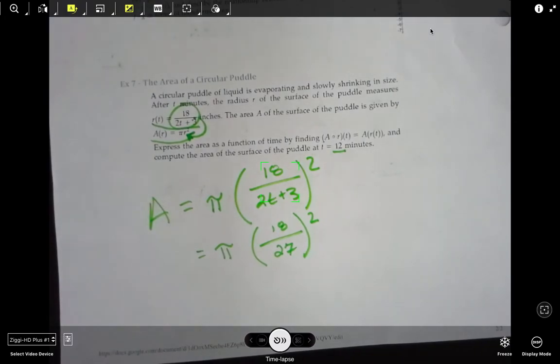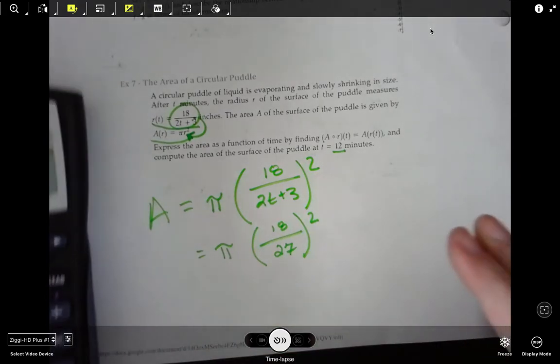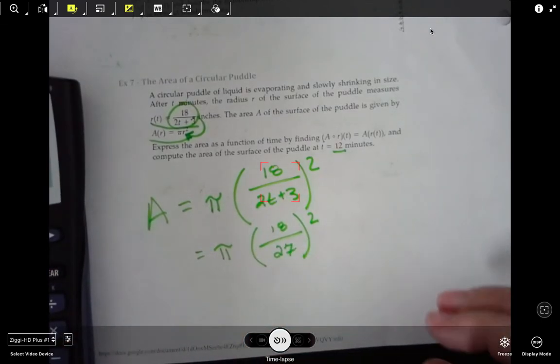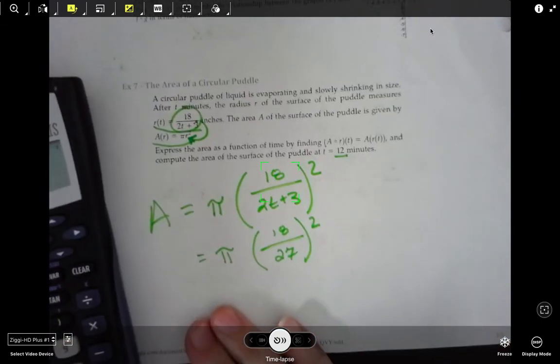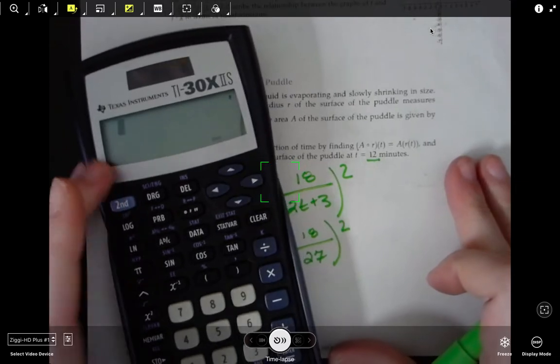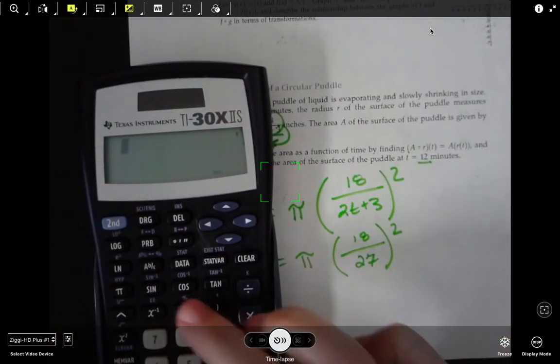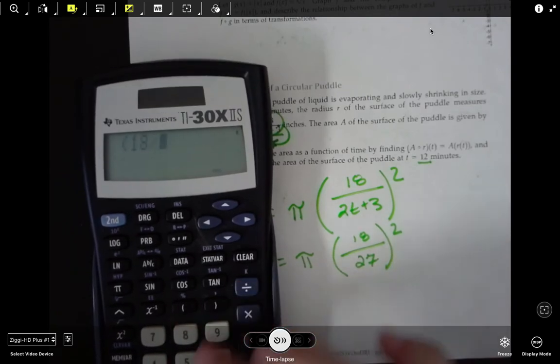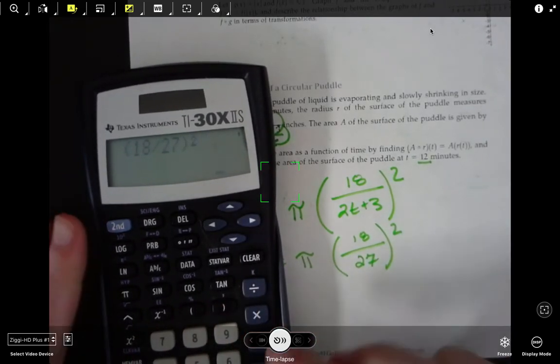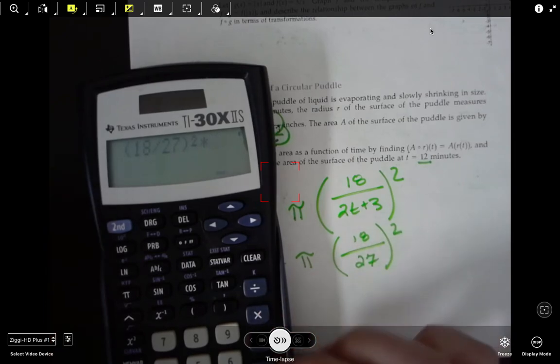Let me find a calculator. If I'm ever moving too fast in this video, feel free to rewind or go back. I always like to do the stuff in parentheses first. So parentheses 18 divided by 27 squared, and then times pi.